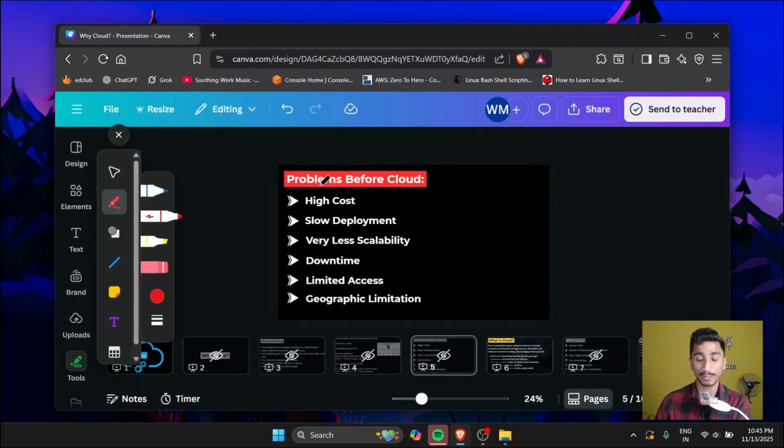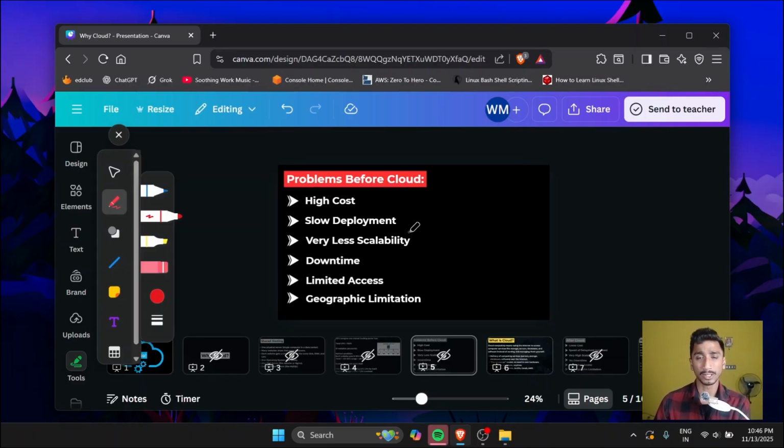Slow deployment: if you want to deploy a server, you have to hire a separate IT team to maintain that server, and you have to pay the electricity bills for that server, which means very slow deployment.